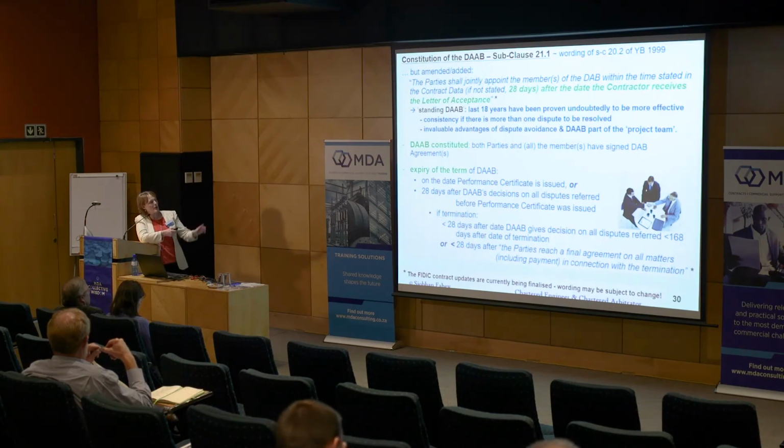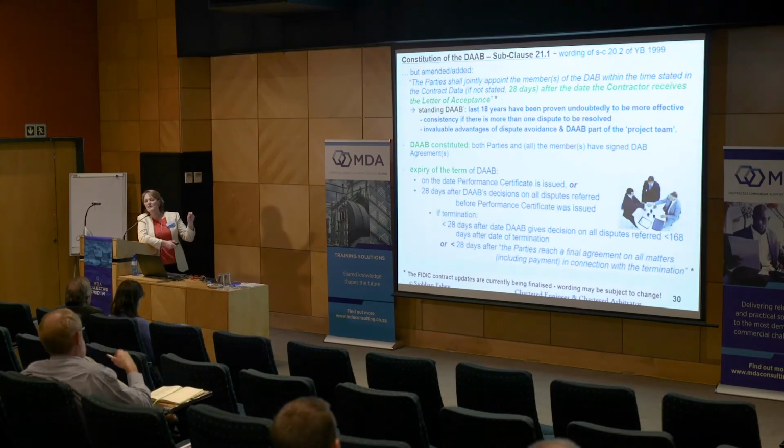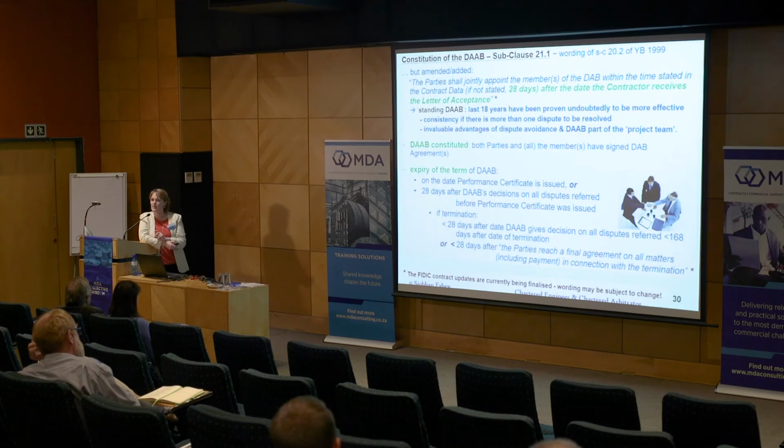We also set out, again, for the sake of certainty, so that the DAB members and the engineer and the contractor and the employer know where they stand. We also set out, if the DAB is a standing DAB, that is appointed within 28 days of the letter of acceptance, when do they finish?